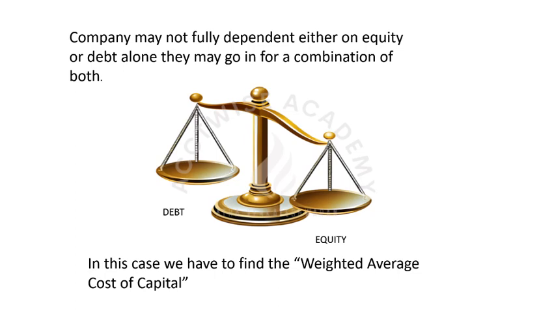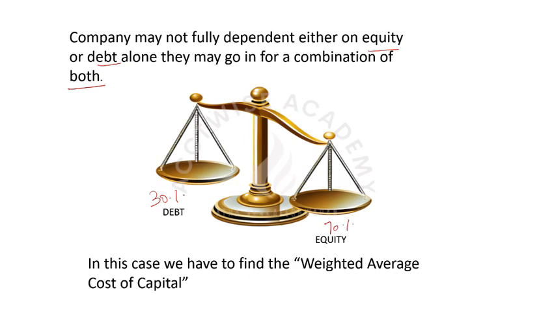Company may not only use equity or only debt for funding the project. Mostly, companies go for a combination of both equity and debt. For example, let us assume that the company has mobilized 30% of its funds from debt and the remaining 70% by using equity.